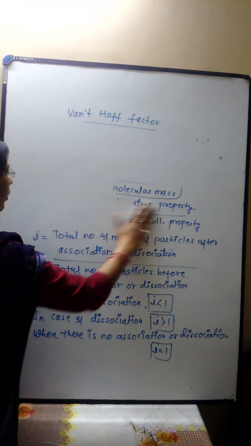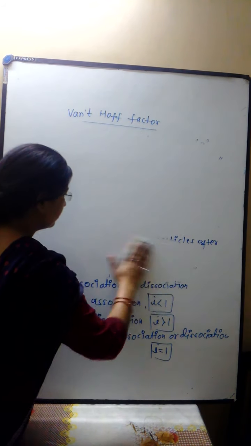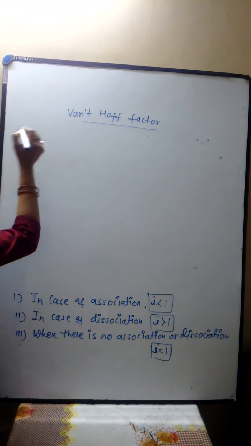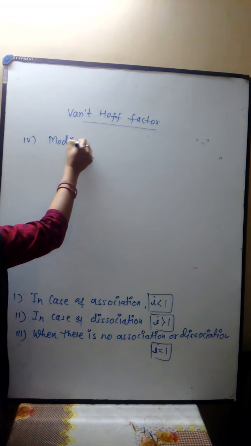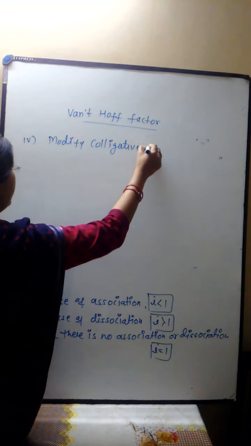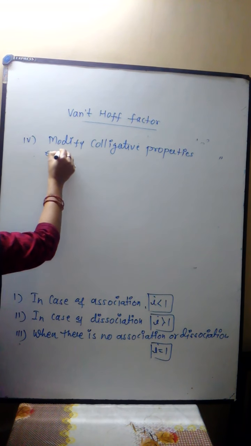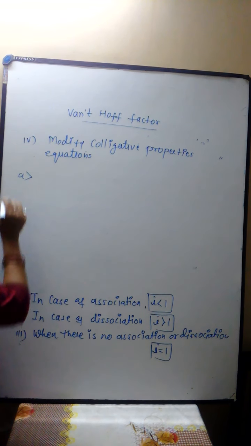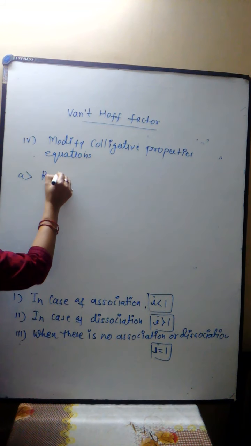They modified all the colligative property equations as follows. So first, our colligative property is relative lowering in vapor pressure.